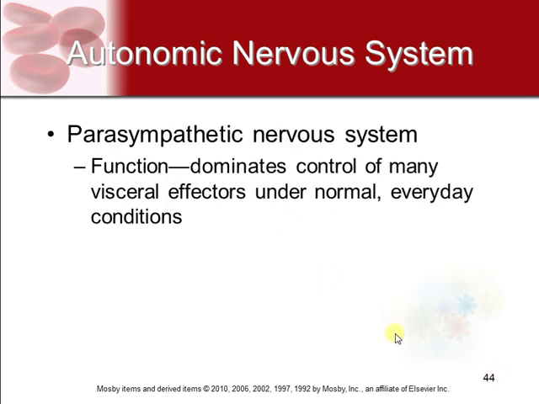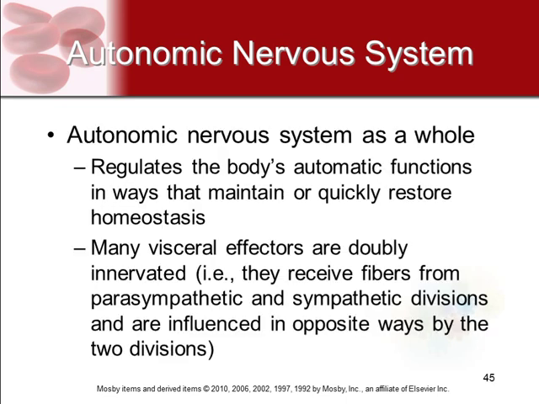Your parasympathetic one is the one that's going to control most of those normal, everyday, relaxed functions. So your autonomic system as a whole is going to regulate the body's automatic functions in ways that maintain or quickly restore homeostasis.